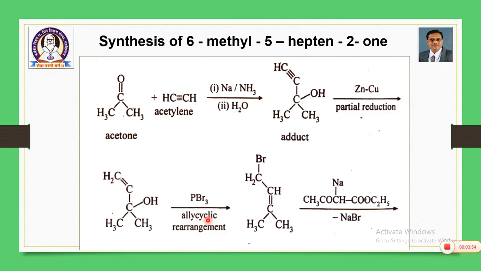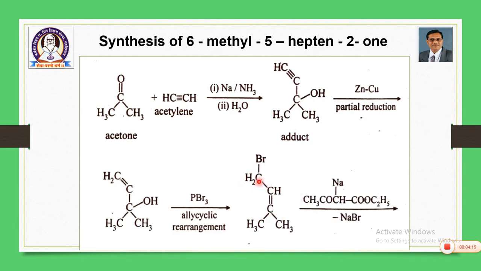Then there is a rearrangement in the next step in presence of PBr3. During the rearrangement, the OH group is replaced by bromine and along with the addition of bromine we get this unsaturated form.